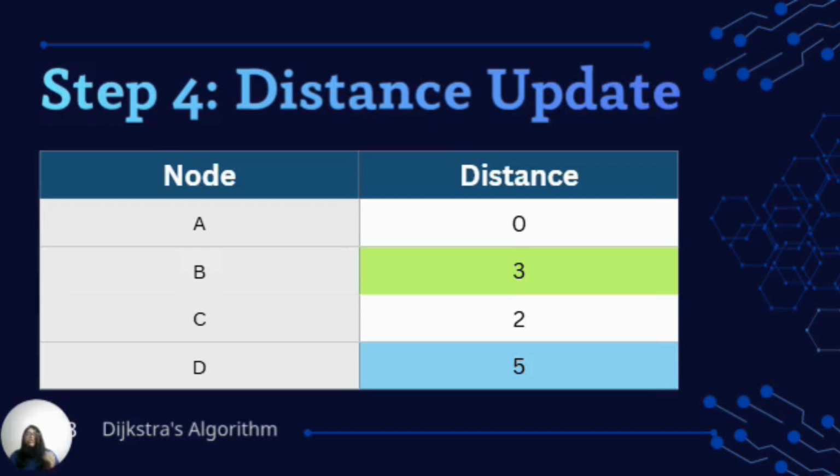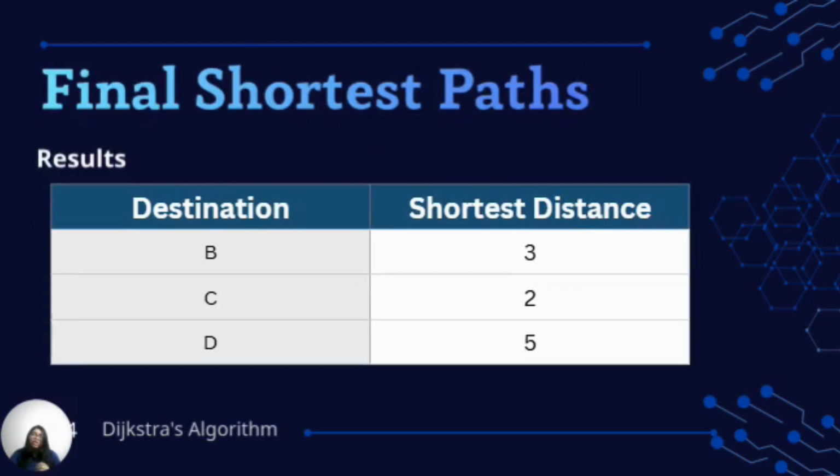This is how the shortest paths are gradually discovered. After all nodes have been processed, the algorithm finishes. The final table shows the shortest distance from node A. These values represent the most efficient paths available because every possible improvement has been checked. These are the shortest paths in the graph.